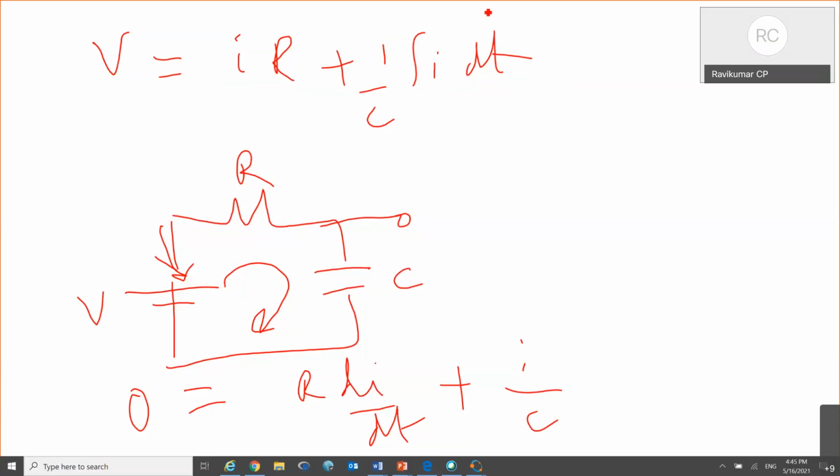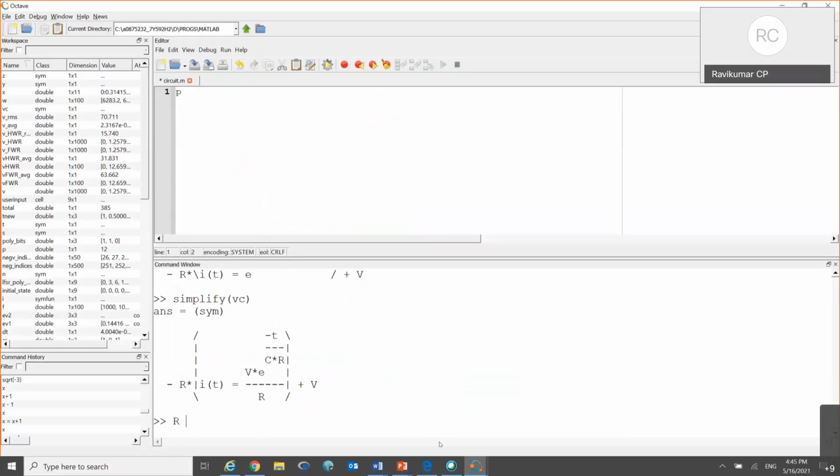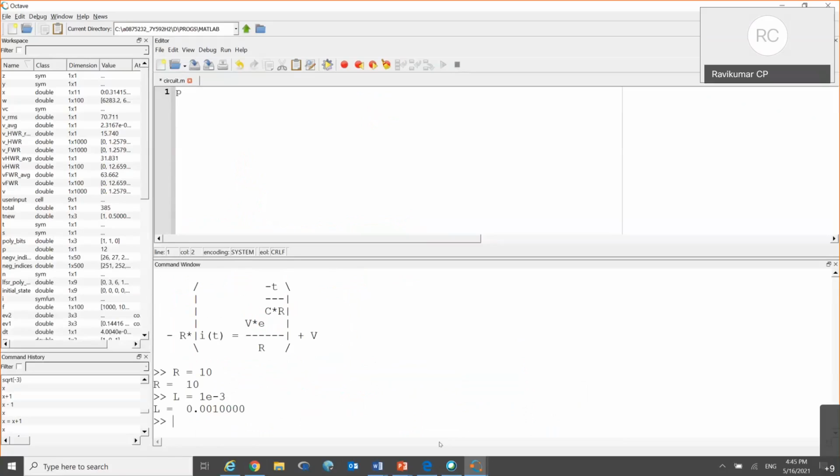So if you know the values of R, L, and C, so suppose you take some ready-made values of R, L, and C, then it becomes easy. Suppose I say R equals 10 ohms, L equals 1 millihenry, and C is, let us say, 0.1 microfarad.